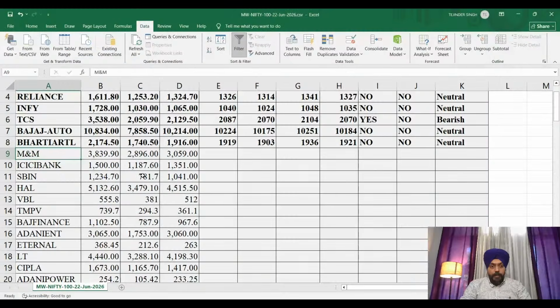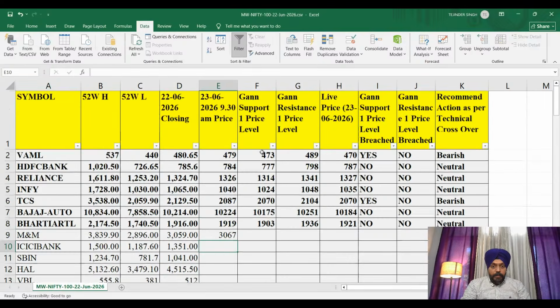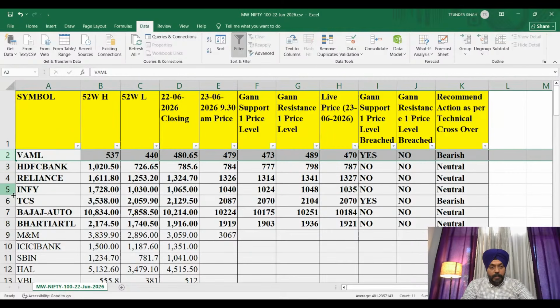Now we will be entering all this information on our portfolio dashboard in this Excel. M&M: the 9:30 AM price was 3067. Let me just hide these stocks.